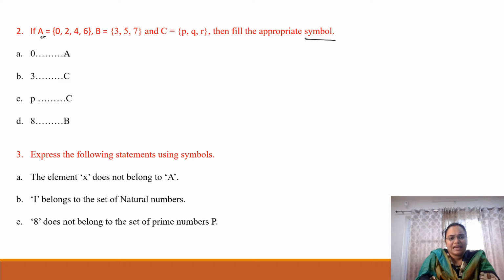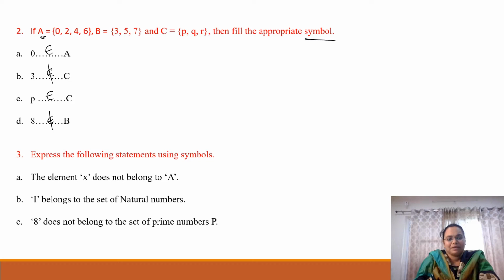In set A, you have the element 0, so 0 belongs to set A. In the same way, 3 is in B, it is not in C, right? So 3 does not belong to C. And where is P? P is in the set C, so it belongs to C. The element 8, do you see it in any of the sets? No, right? It does not belong to B.